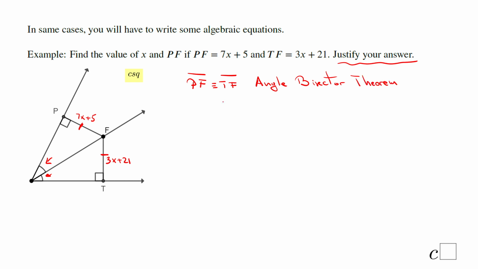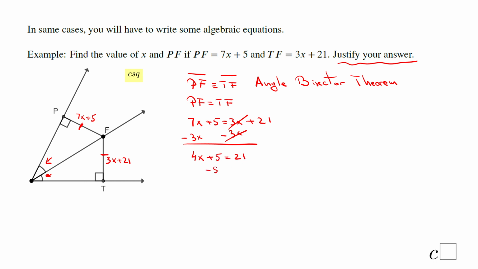That means the measure of PF equals the measure of TF, which allows us to write the equation 7x plus 5 equals 3x plus 21. I'm going to subtract 3x to get rid of the positive 3x. Then we have 4x plus 5 equals 21.